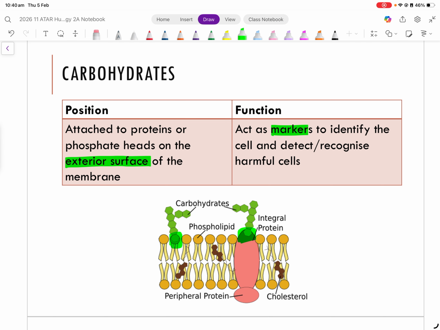As a marker, they not only identify this particular cell, like, hi, I'm a red blood cell, but they can also detect and recognize harmful cells, so cells which are pathogenic, right? So carbohydrates are found on the outside. The reason is they're like a characteristic of that cell. If they were found on the inside, well, they wouldn't be seen and they wouldn't be any good.